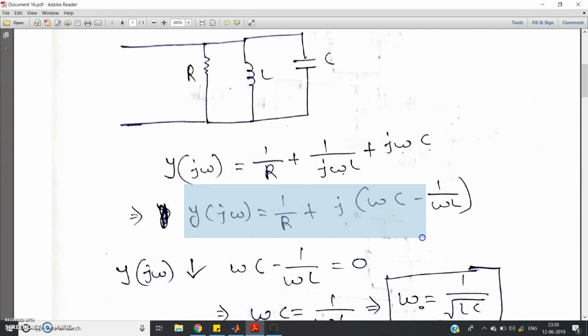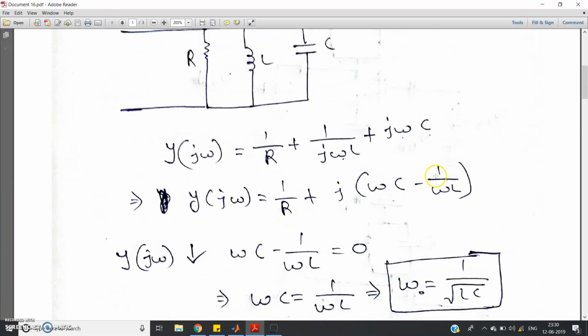Now observe this equation and see for which value of omega Y of j omega will be minimum. Obviously the minimum value of Y of j omega is 1 by R, that is, we have to make the imaginary part equal to 0. The real part is 1 by R, and this part is frequency dependent, so we make omega C minus 1 by omega L equal to 0, so omega C equals 1 by omega L. That frequency, which we term omega naught or the resonant frequency, is equal to 1 by root over LC.